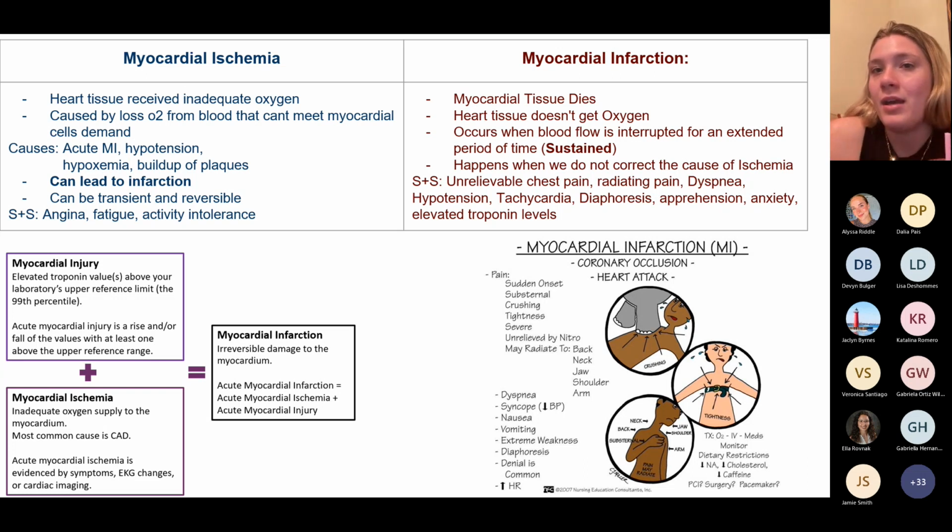So that's what's happening. Usually it's going to be in relation to activity. So if they have overexertion, they're going to have a little bit of chest pain, which should stop once I begin resting. However, if I have chest pain that is unrelieved and it keeps going and it keeps getting worse, now I've tiptoed into an infarction.